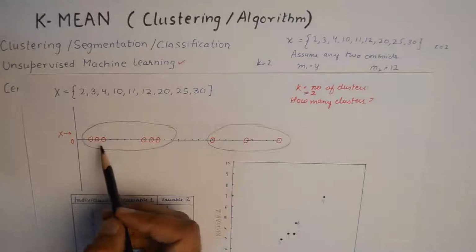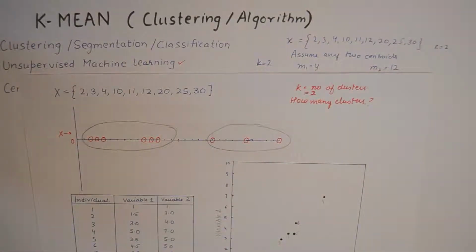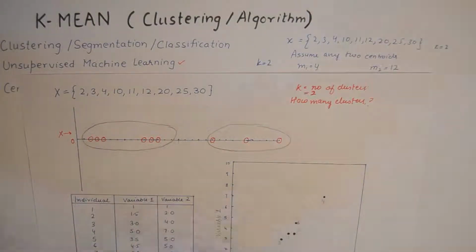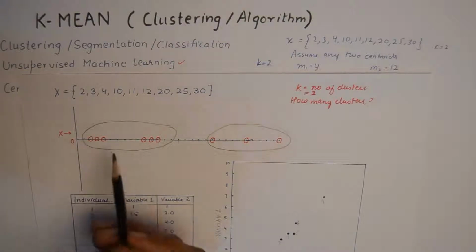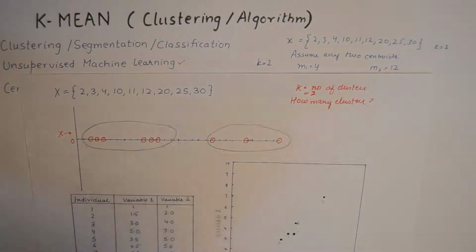It would just see that these are some data points on a line where the first data point is located at 2 and the last data point is located at 3, and it will cluster these data points into two groups based upon the distance between the data elements.